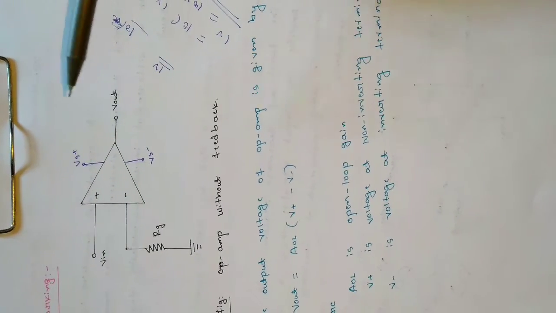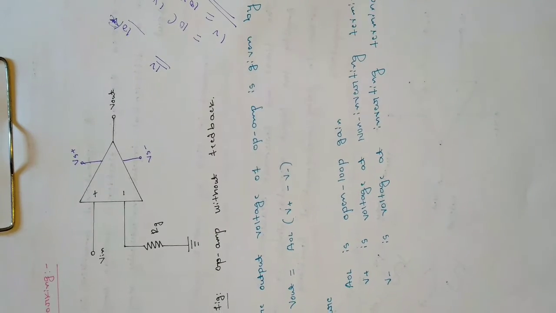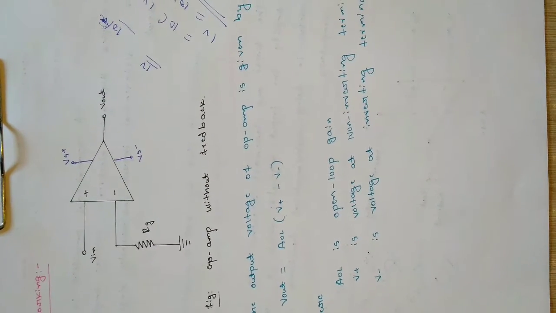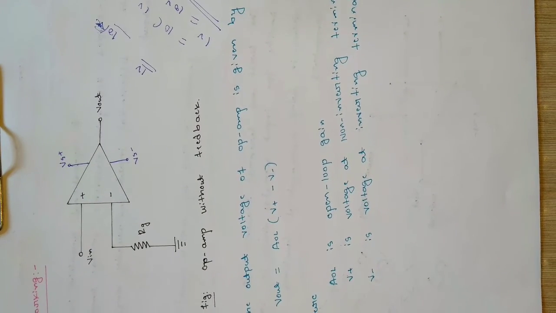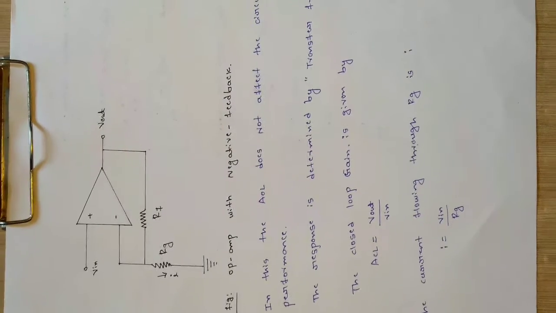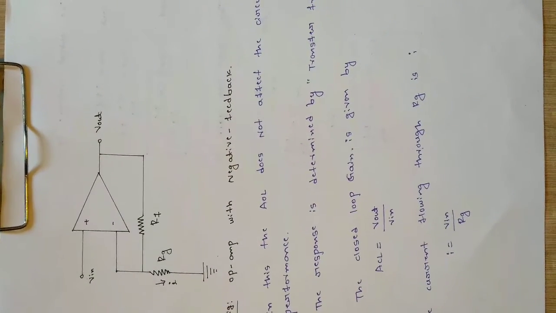So this is practically not possible to use. No one uses the open loop configuration of an op amp, because we don't have a choice to design our own gain. So people will go for the next configuration, that is negative feedback or positive feedback configuration.